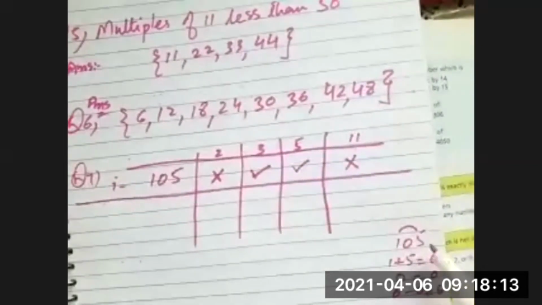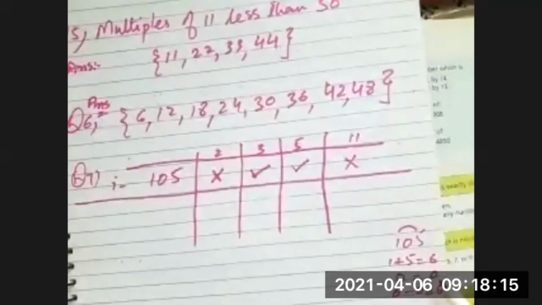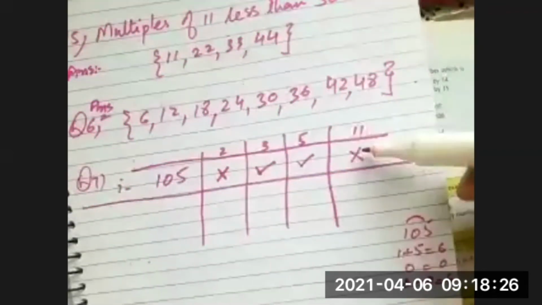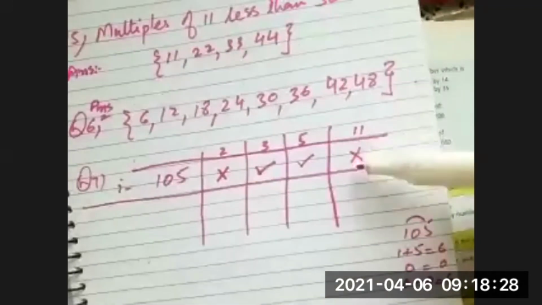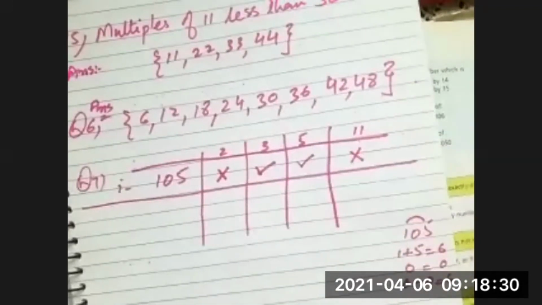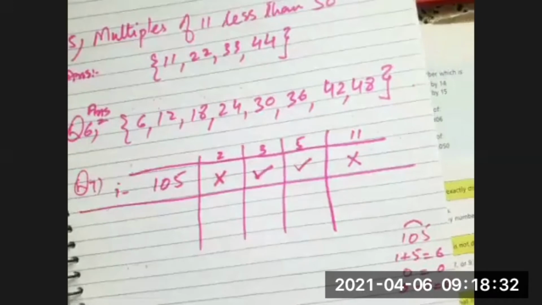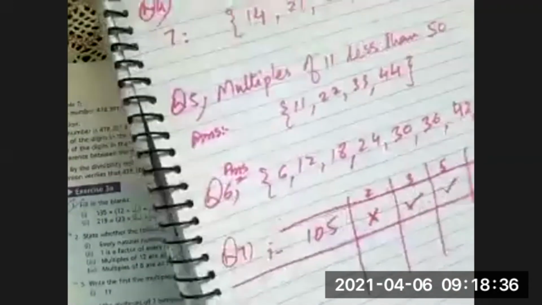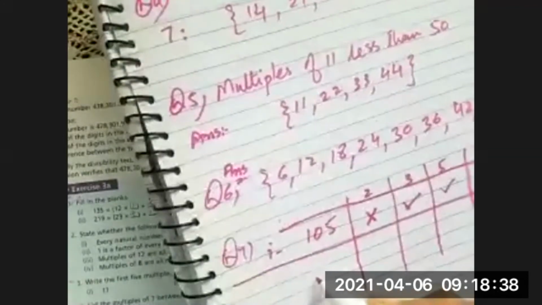Here the alternate digits give you 6 and 0, and the difference of 6 and 0 is 6. 6 is not a multiple of 11, and it is not 0 either. So you can say that 105 is not divisible by 11. So go to the next number, which is 997.